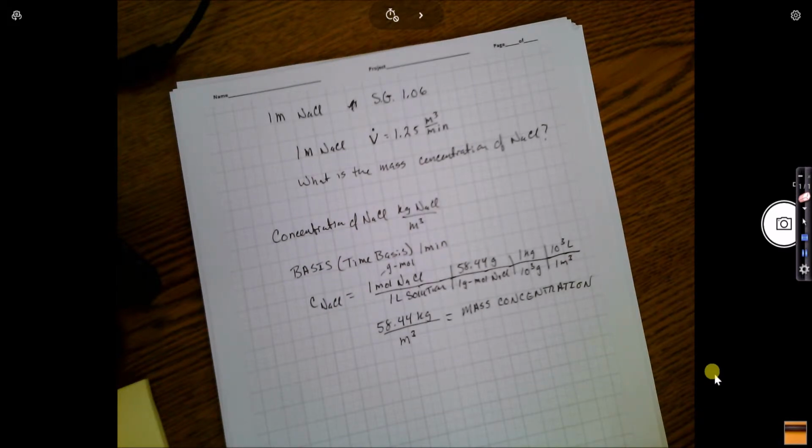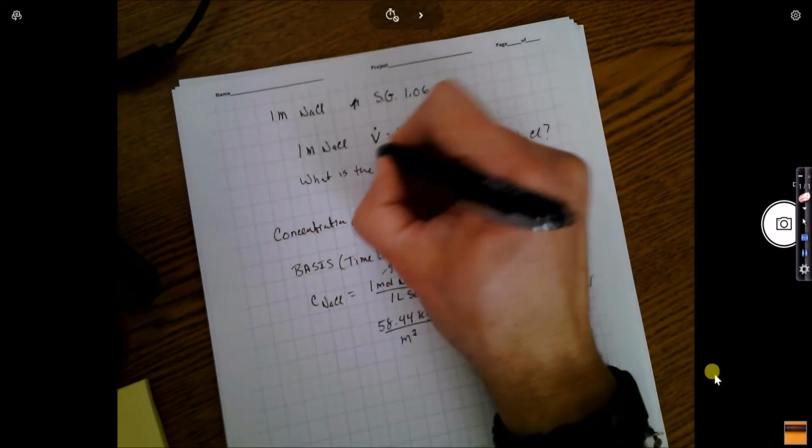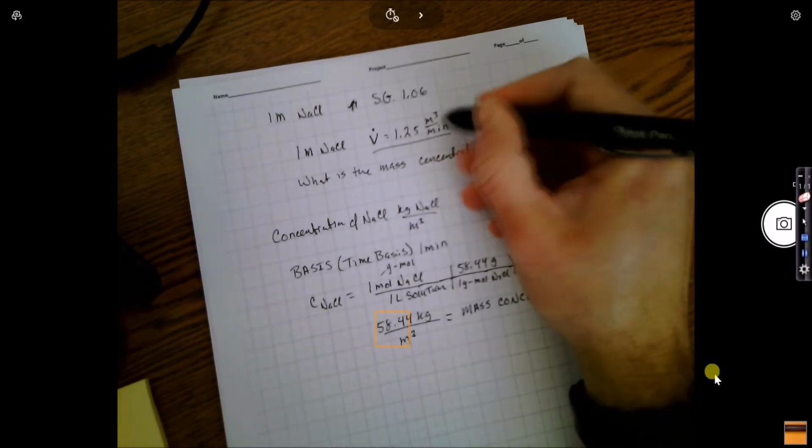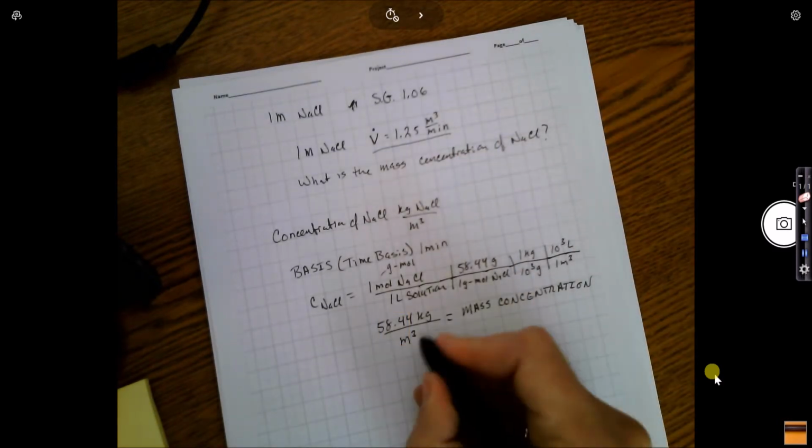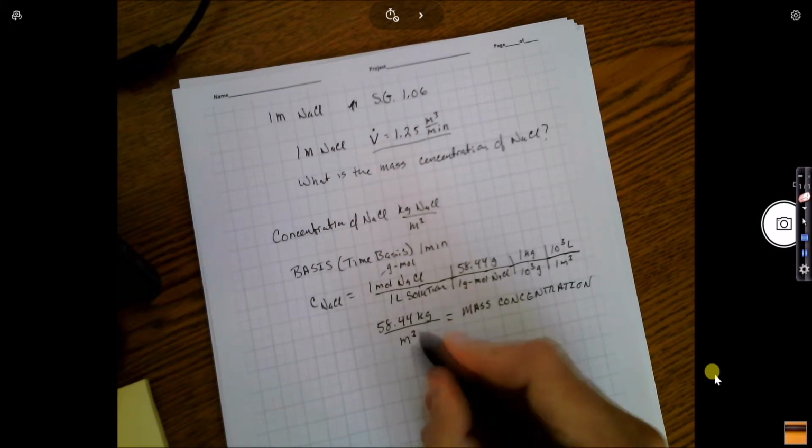The reason I chose to do this is because we're given a volume fraction in terms of cubic meters, and so we want to have our answers in terms of cubic meters.